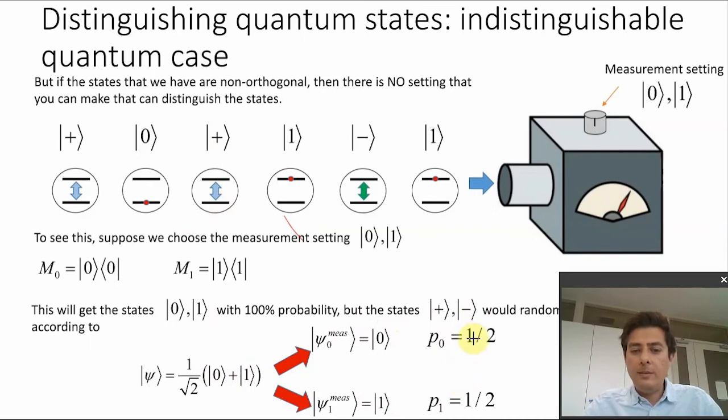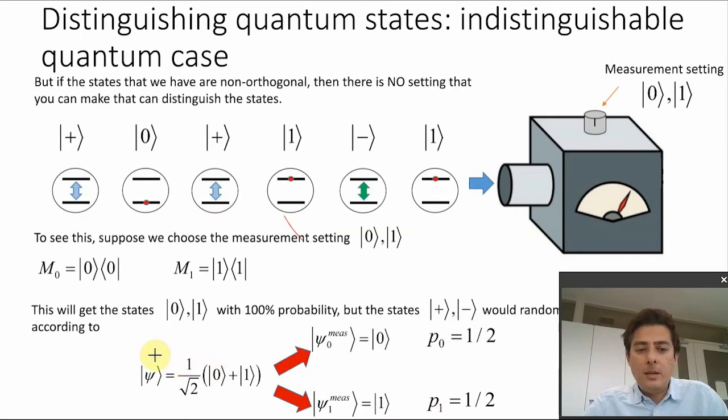It's kind of 50-50, and you can't really tell which of those states it is. In fact, the answer is it's neither of those states. We're measuring in the wrong basis, if you like.